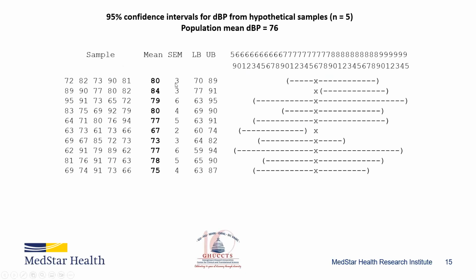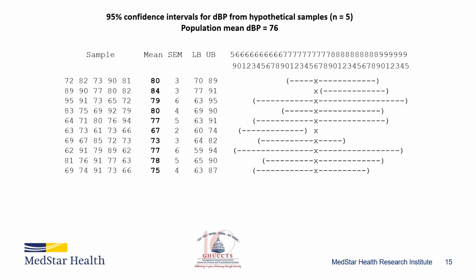And I'll talk about how we do this in a minute, but we calculate the standard error of the mean, so we find the standard deviation of our sample divided by, in this case, the square root of 5, and we come up with the standard error of the mean, which, remember now, is an estimate of the variability in our sampling distribution.